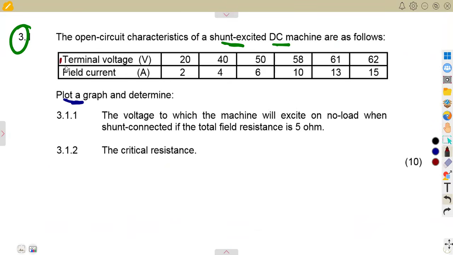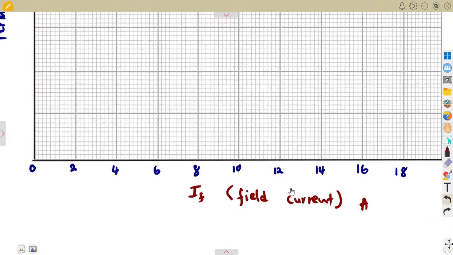According to the terminal voltage, 20, 40, 60, and so on. If you choose 20, 40, 60, it's just going to be like 3 boxes. So just to give an allowance, you can choose even 10, 20, 30, 40, 50. At least you separate your points so that at the end, your graph is clear.